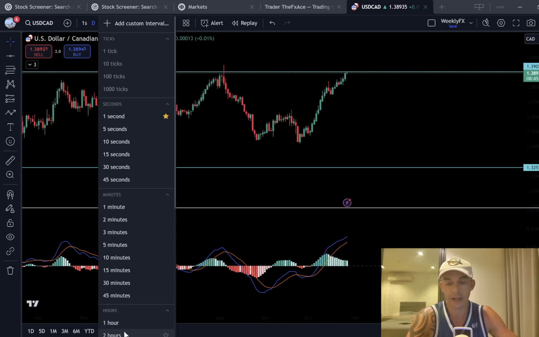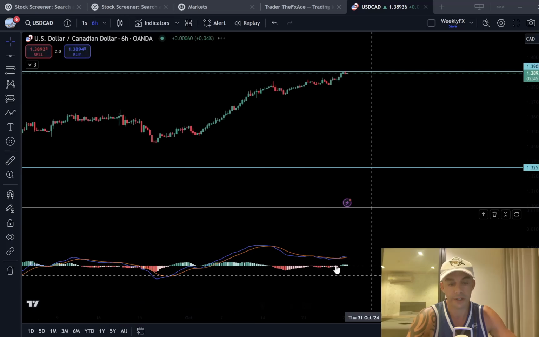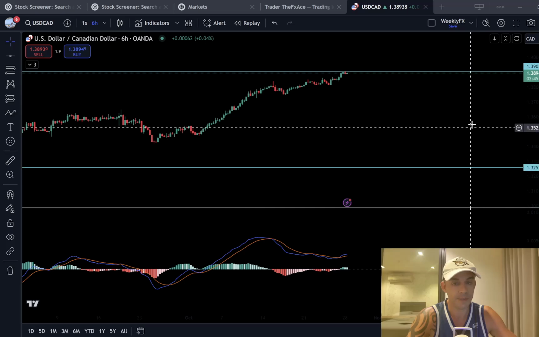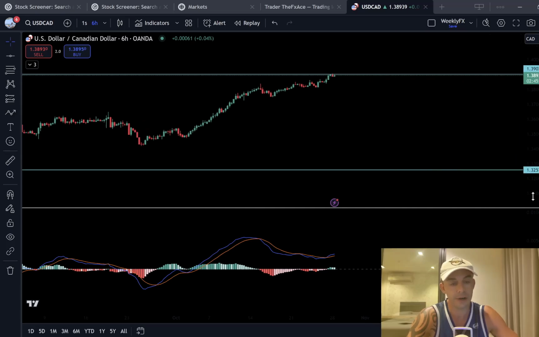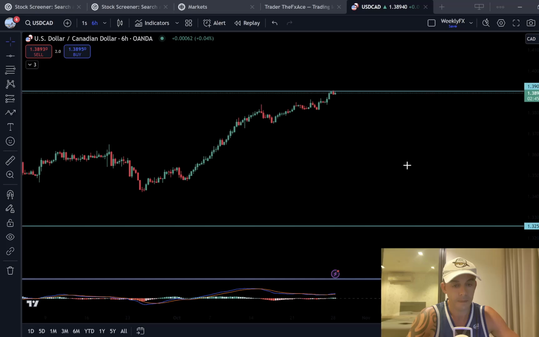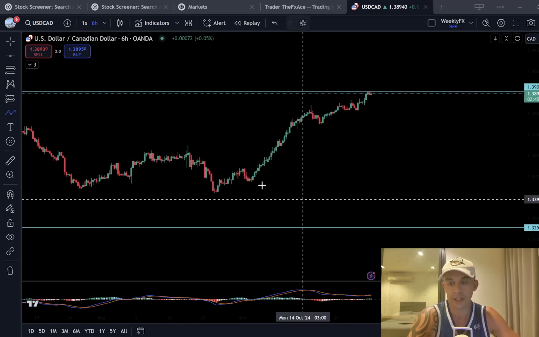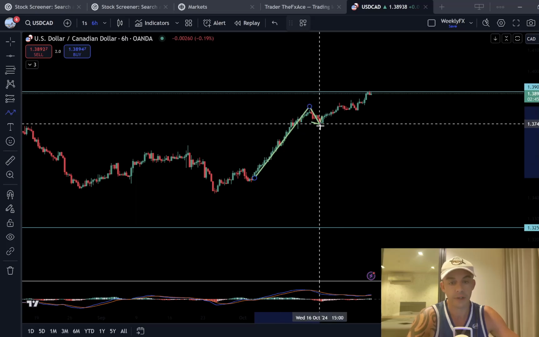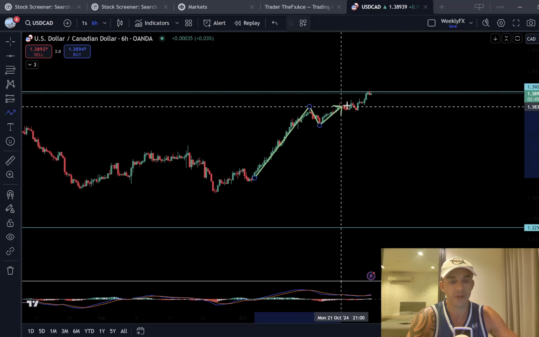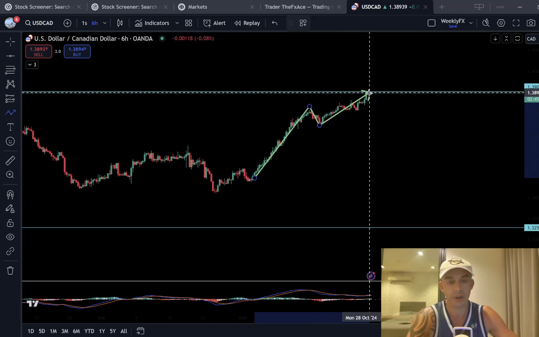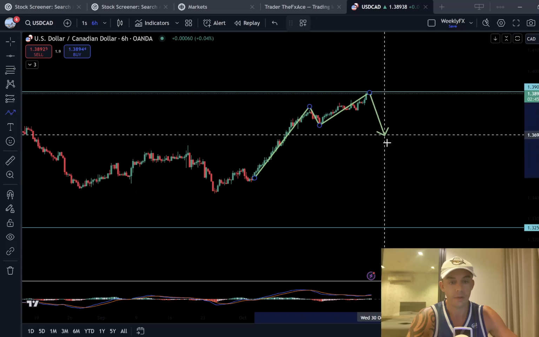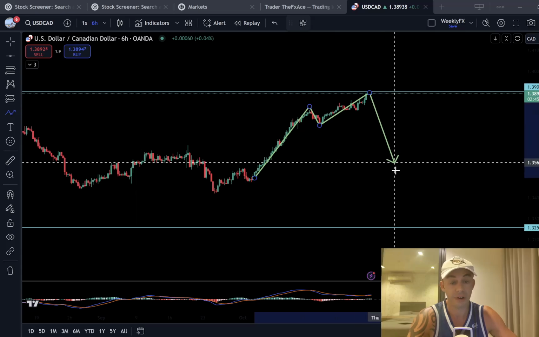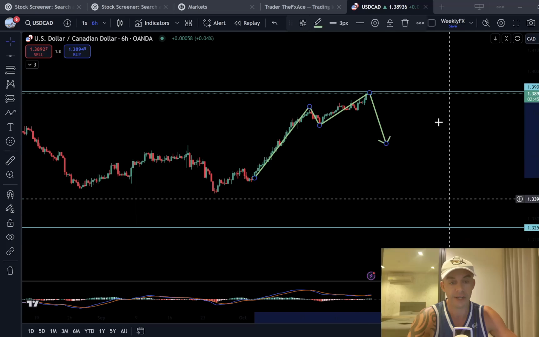If we look at the 6 hour, we are starting to see a bit of divergence. What I'm also noticing here is we had this huge momentum move up, nearly every candle's green. We got the first sell off, and the market has just been trickling up towards the top of the range since then. So we could be just getting ready for a big dump in price here.